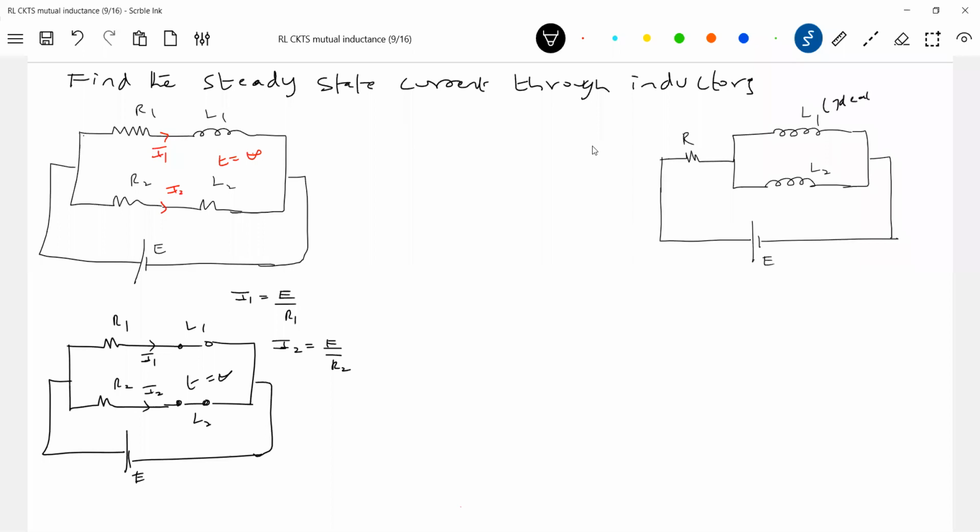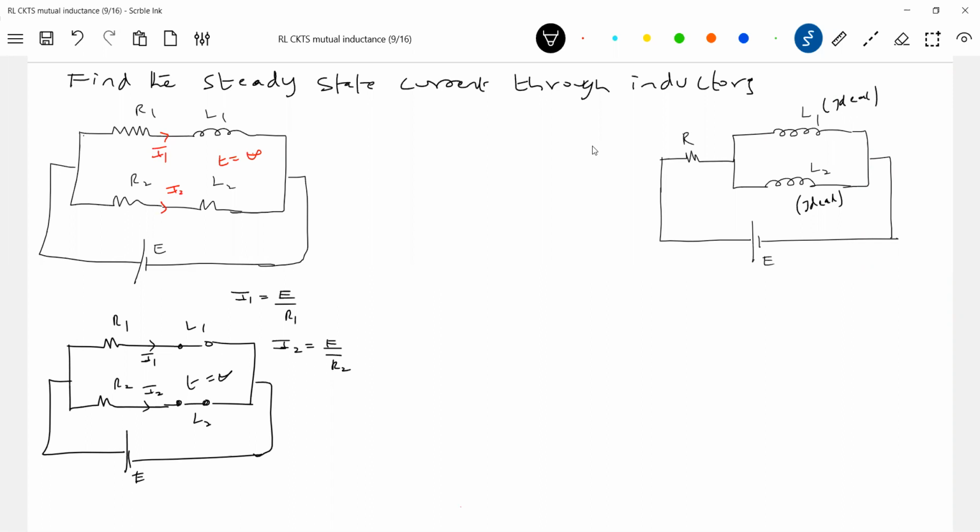Ideal means no resistance, they only have self-inductance. We replace with a short circuit only at t equal to infinity. I'll replace with two short circuits.